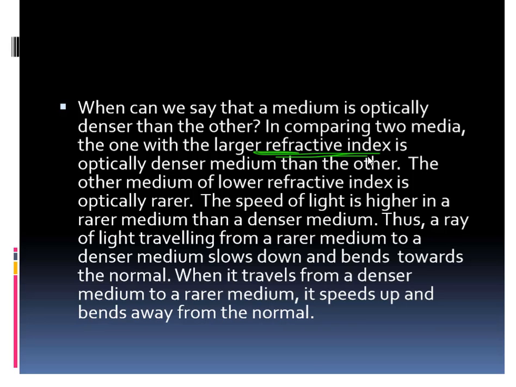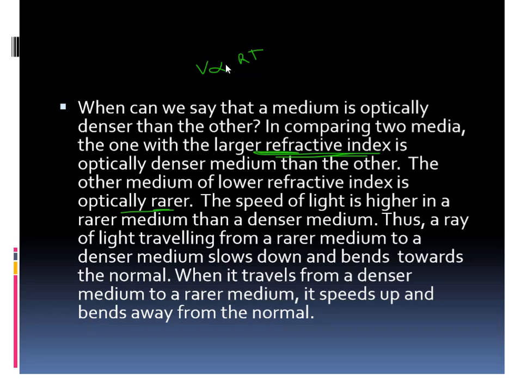The medium having a comparatively low refractive index is considered the optically rarer medium. The speed of light is higher in the rarer medium than in the denser medium. So the speed of light is inversely proportional to the refractive index.